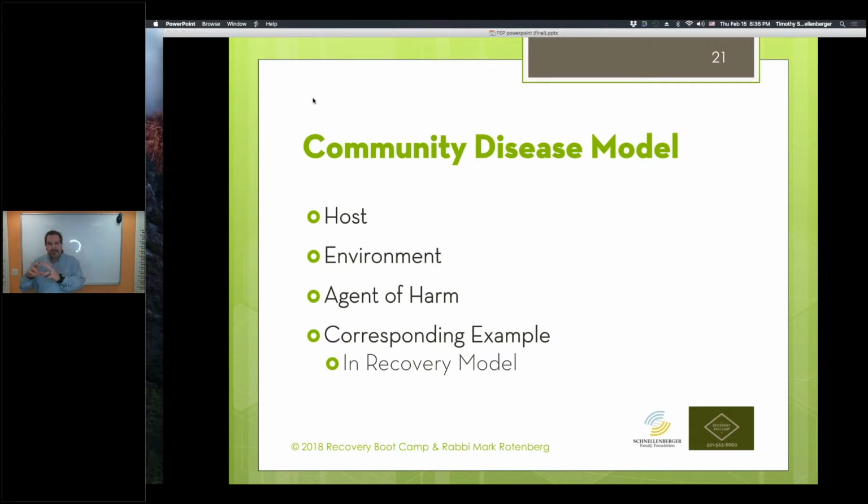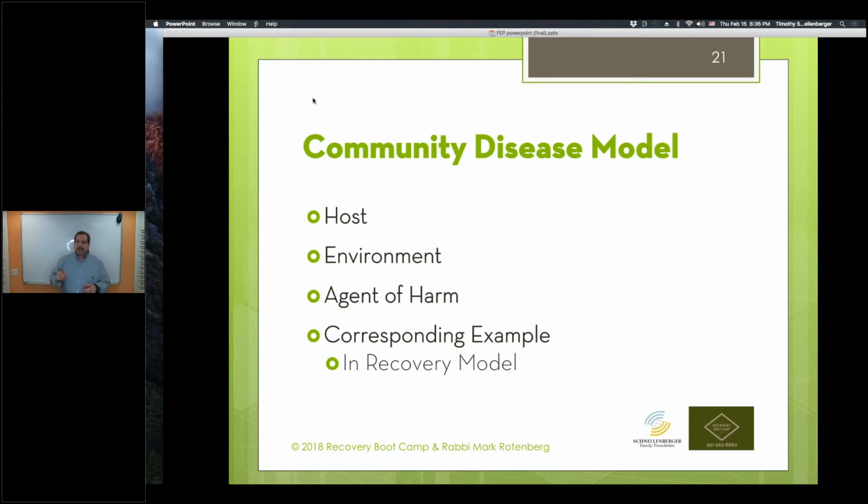So it understands that and brings the host as a full package, psychological and physiological, into one category. Then it brings in the environment, and the environment is really what the sociological component of the medical model was. But then what it adds is the AOH, the agent of harm.